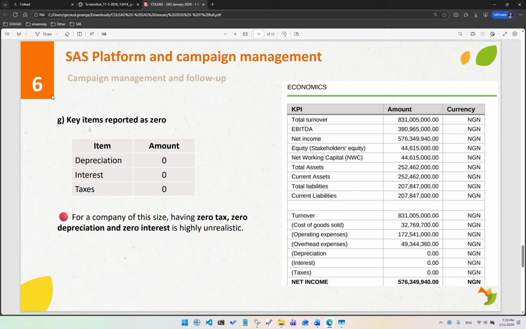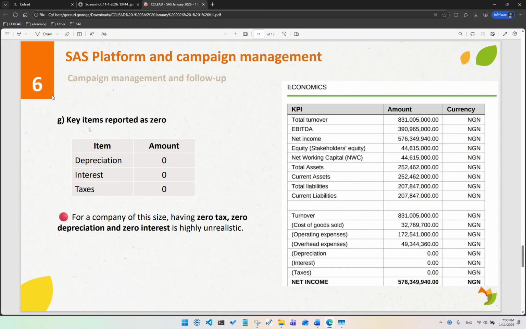Another strong warning signal is the presence of zero values for depreciation, interest, and taxes in a company of this size, which points either to a misunderstanding of the form or to deliberate misreporting. We can say it like that.